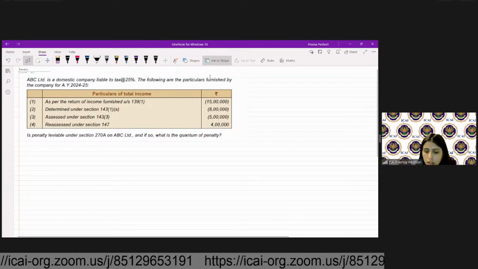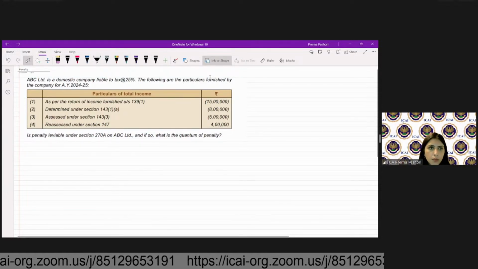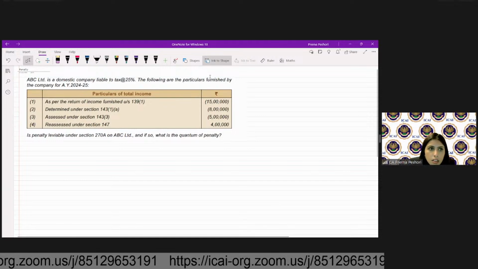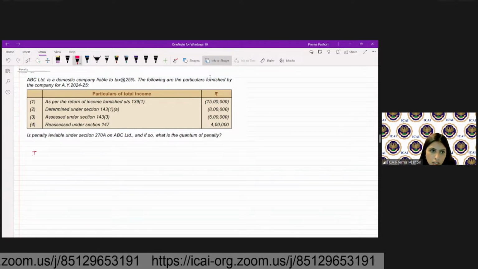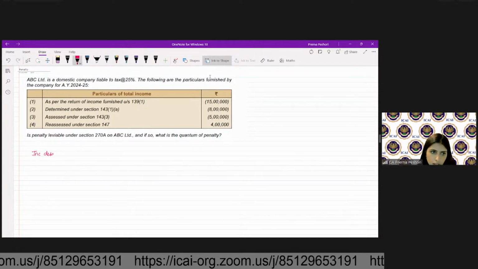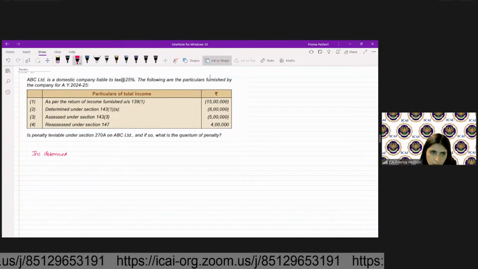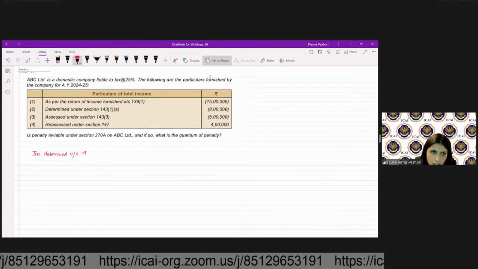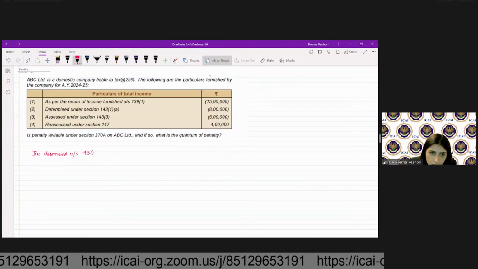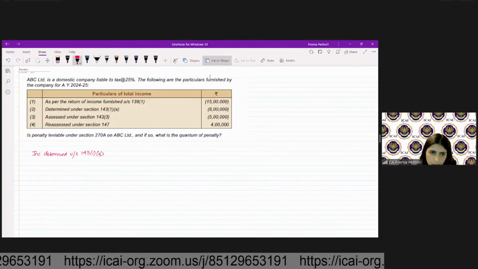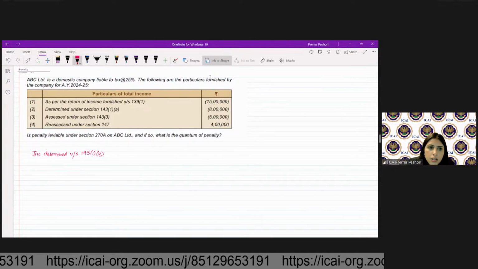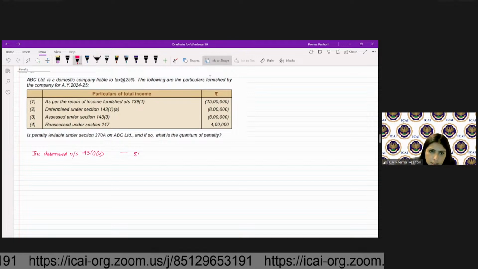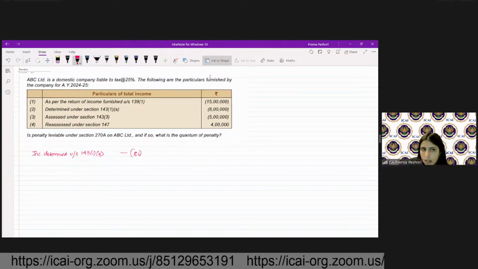So we will start with income determined under 143(1)(a). This is loss of 8 lakh.